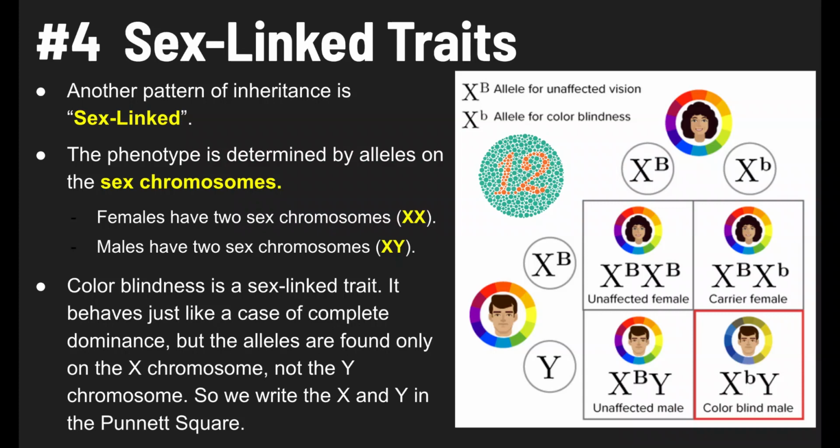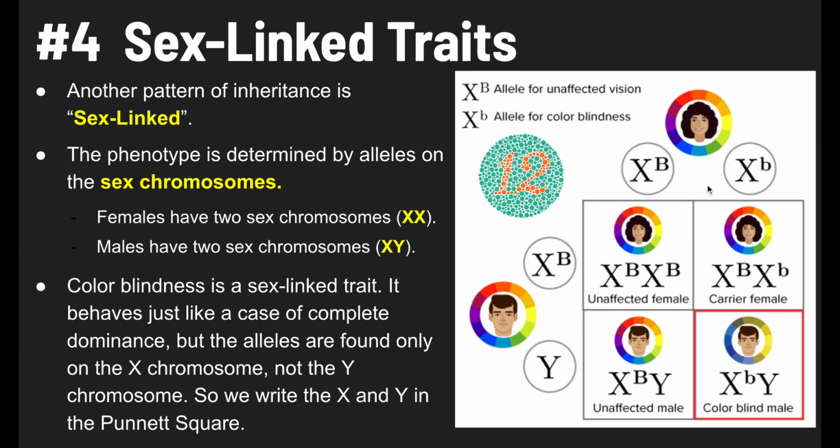So when we work out a Punnett square for a sex-linked trait, we have to write the X and the Y in the Punnett square. So you'll notice the Y does not have any additional letter on it because the allele for colorblindness is not on the Y chromosome.